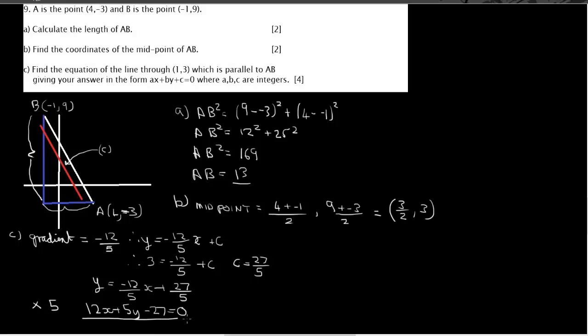Rearrange that and we get that. So we've got ax plus by plus c. A is 12, b is 5, c is minus 27. 2 marks for that. 2 marks for that. And 4 marks for that. Gives us 8.